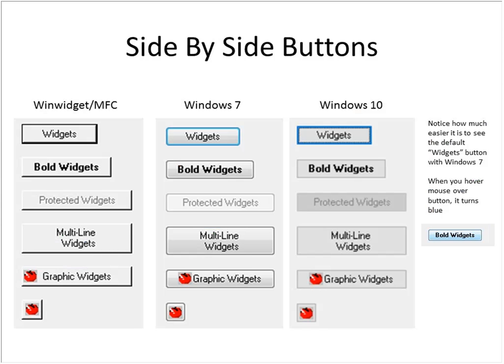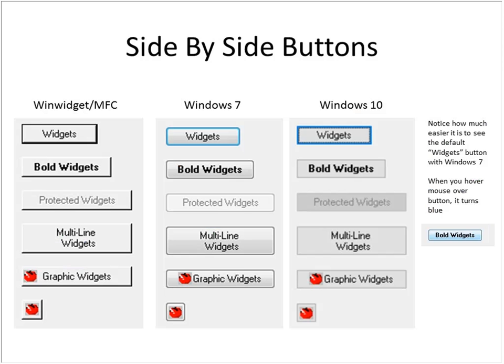On the left is the Winwidget MFC, and you're very familiar with those buttons because that's what you have on your user interfaces right now. I've got some samples of the buttons: one with bold, one that's protected, one that's got multi-line, one with a graphic and text, and one with just a graphic.